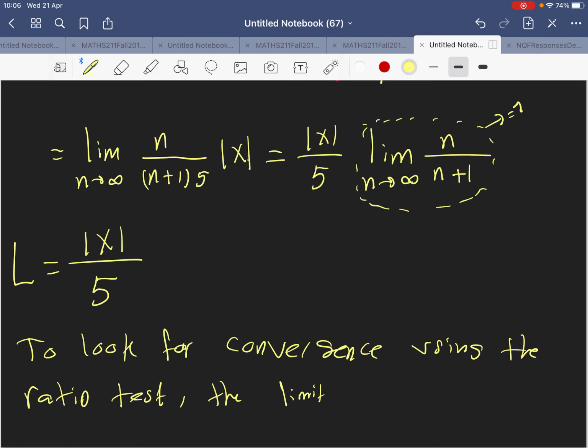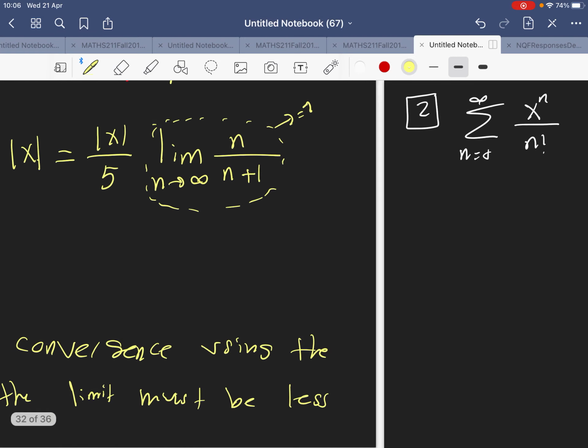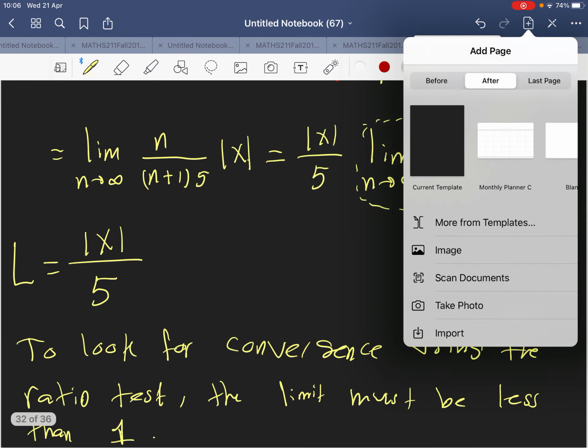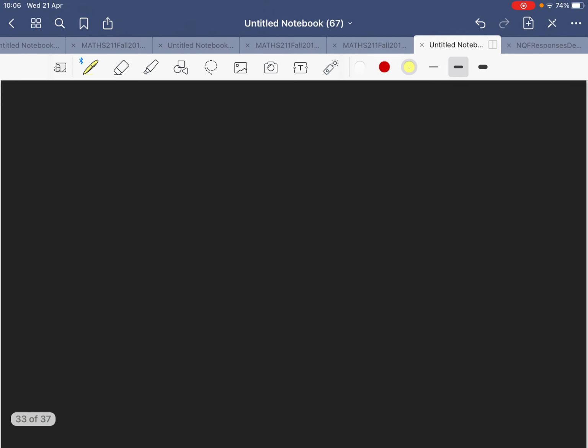The final answer must be less than 1. So that's what I will do next. I will take this limit, which is absolute value of x over 5, and I will write it as less than 1. Why do I write it less than 1? Because this is where I will get convergence.